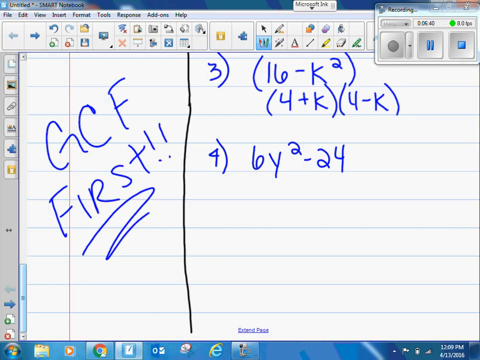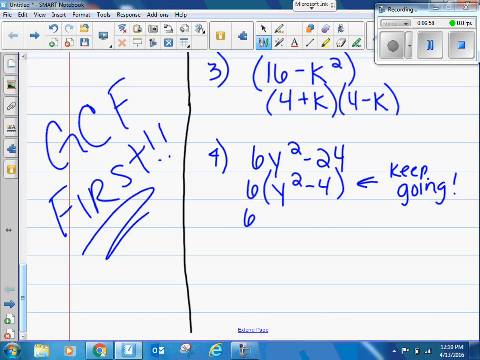So first, I'm going to take a 6 out of here, and I'm left with y squared minus 4. Well, I notice now I do have something that you still have to keep going. When you get to this point, you have to keep going. So this is the difference of perfect squares, so I'm going to bring my 6 down. That 6 cannot just disappear, and then it's going to be y plus 2, y minus 2. Now it is completely factored.